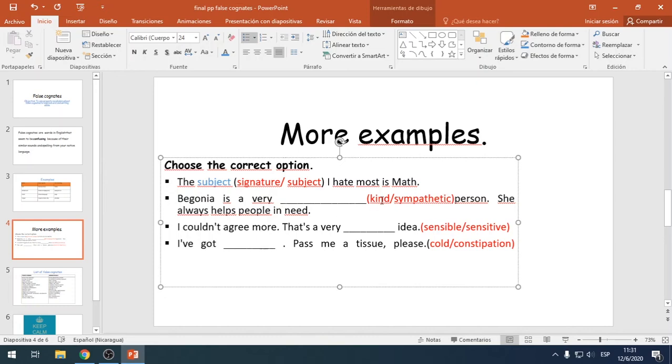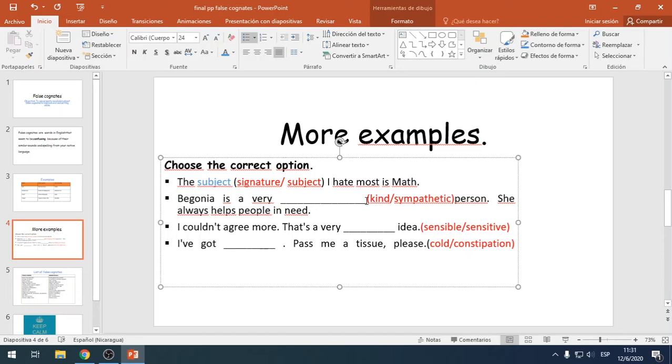Puede ser amable o sympathetic, but then you need to know the meaning of sympathetic. So kind is una persona amable, but then you have another clues that help you to identify the meaning. It says she always helps people in need. So sympathetic es una persona compasiva que le gusta ayudar a los demás.